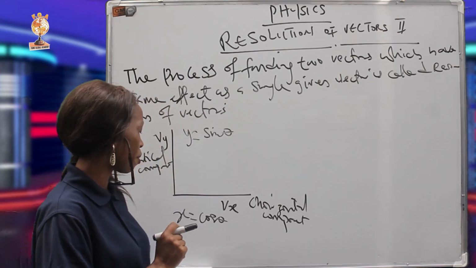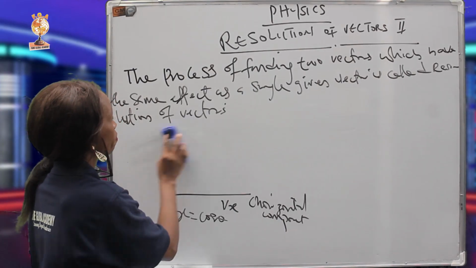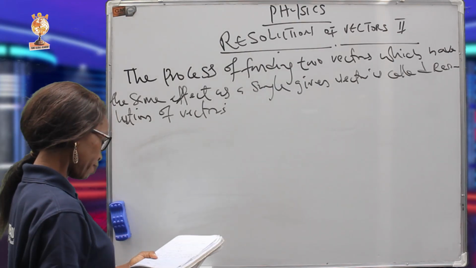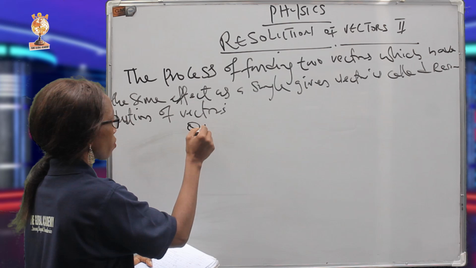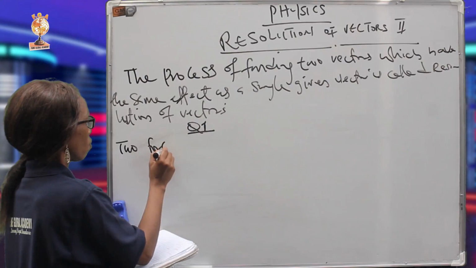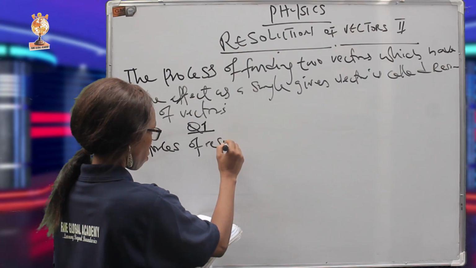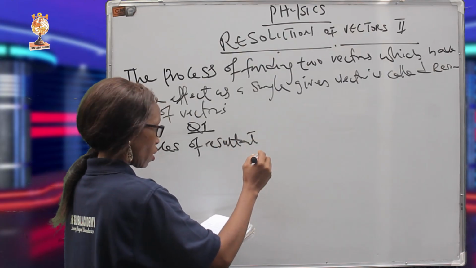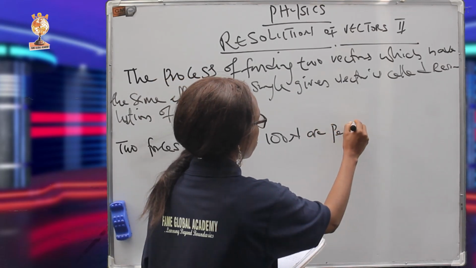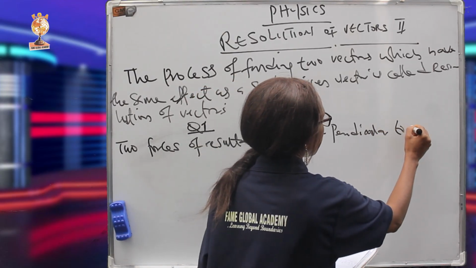Let's take a very good example of the way the question can come from a different angle. Question 1: Two forces of resultant 100 Newton are perpendicular to each other.